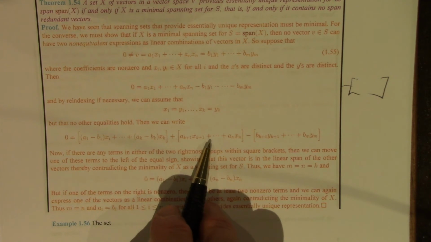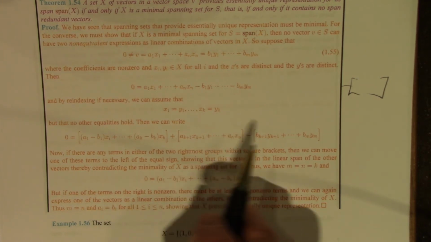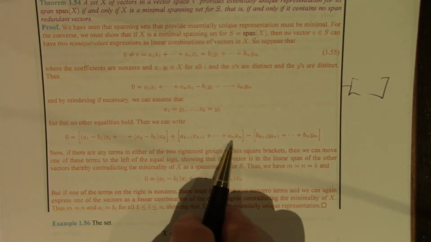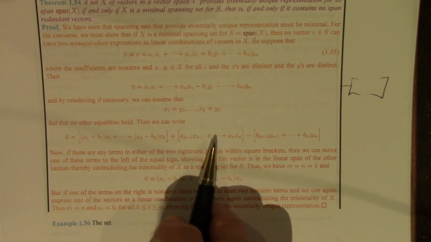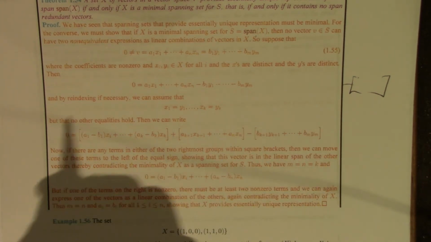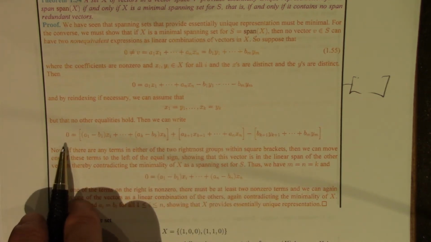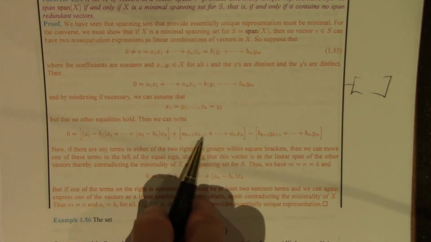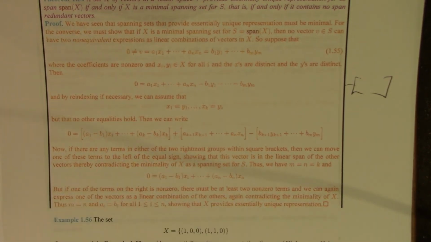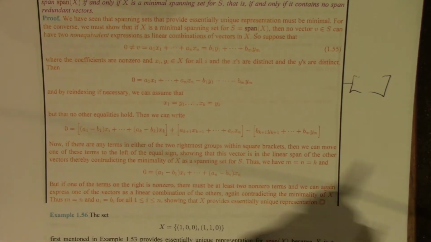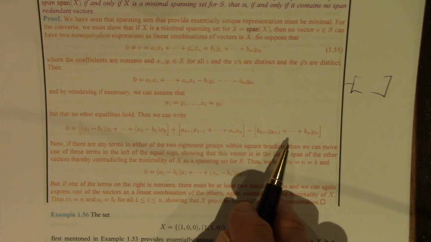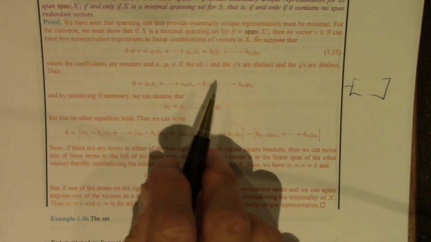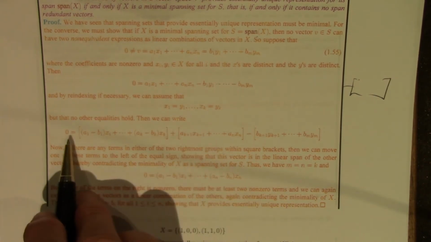Well, if there are any terms in this square bracket that are non-zero, we could move one of those terms to the other side of the equal sign, which would show that, say, one of these x's is in the linear span of the other vectors, and they are vectors from capital X different from the little x we moved over.